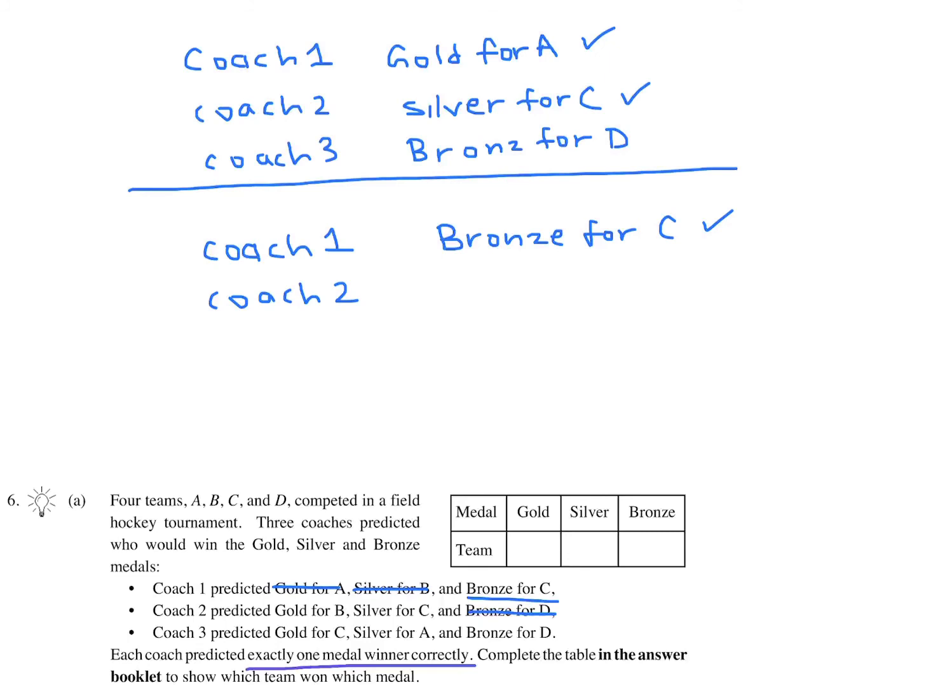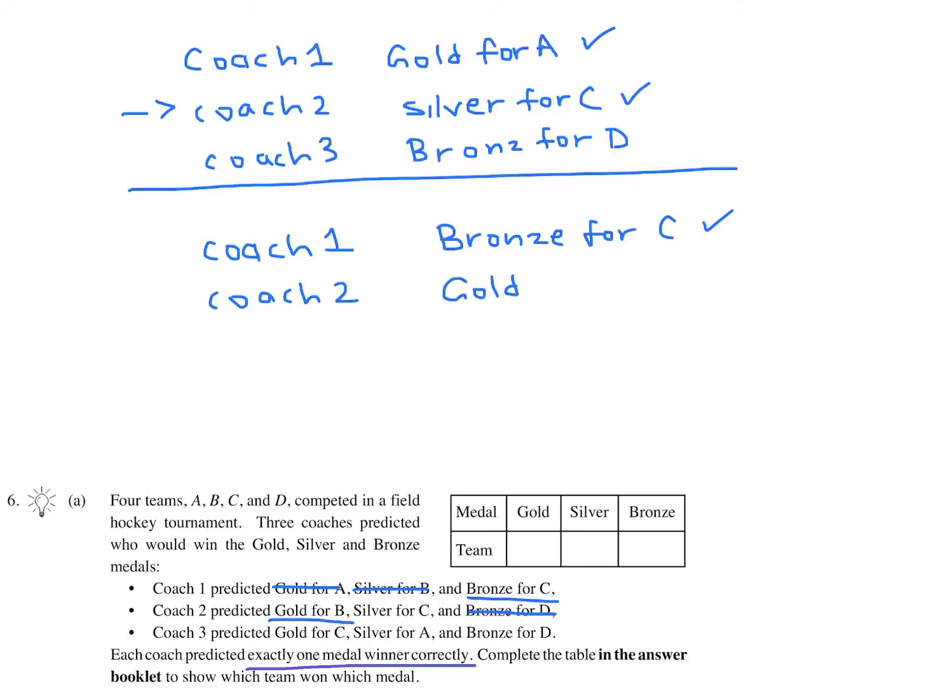Now, let's say his silver is correct. He has correct either silver or gold in terms of his prediction. Well, we chose silver for C for Coach 2 up there, so that didn't result in much. So I'm going to go for gold for B as his accurate prediction.